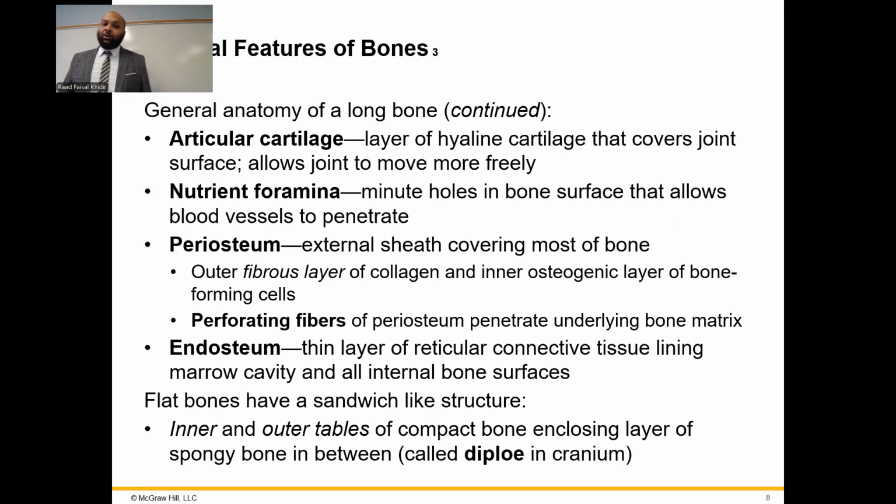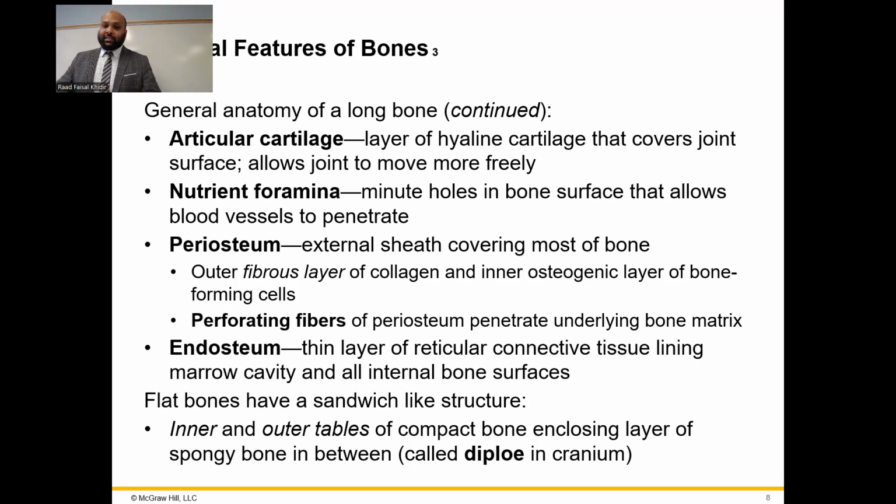Okay, so we have to recognize that cartilage is what gives our bone its tensile integrity, and it has a layer of hyaline cartilage that covers the joint surface and allows the joint to move freely. So one of the biggest problems that come with bone pathology is the restricted range of movement.